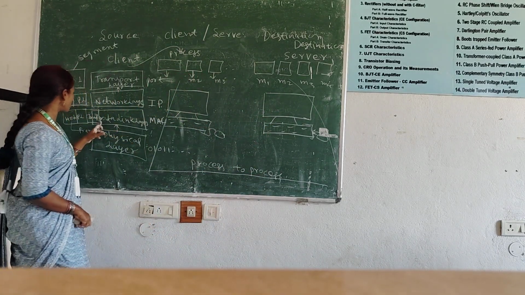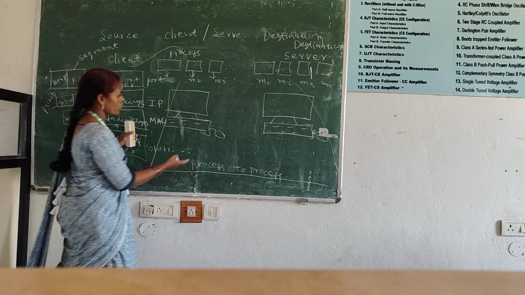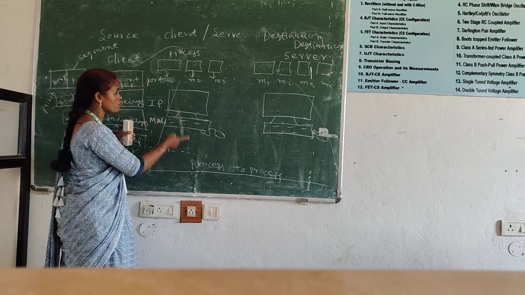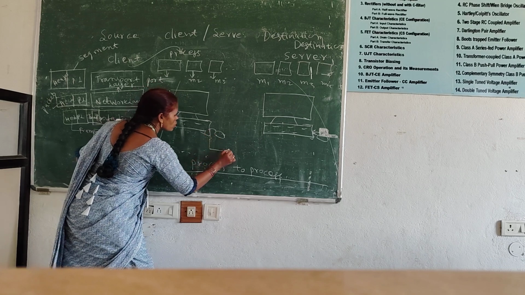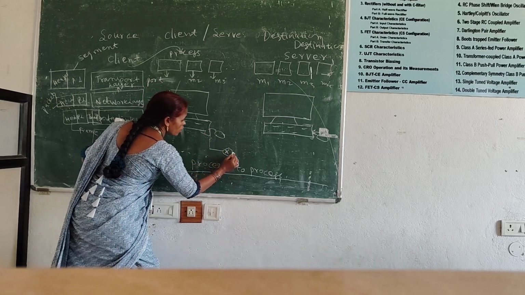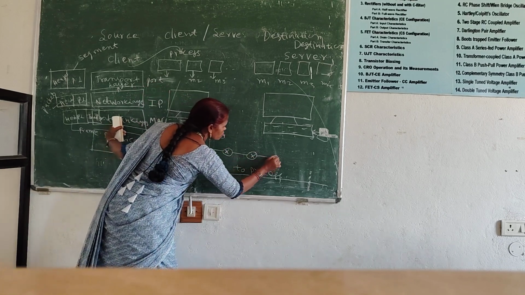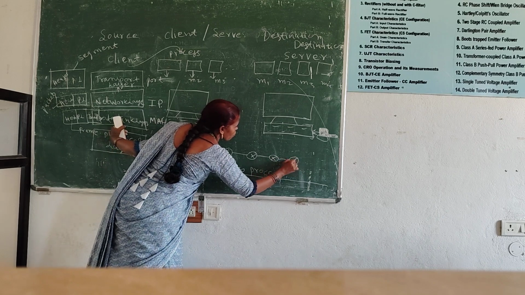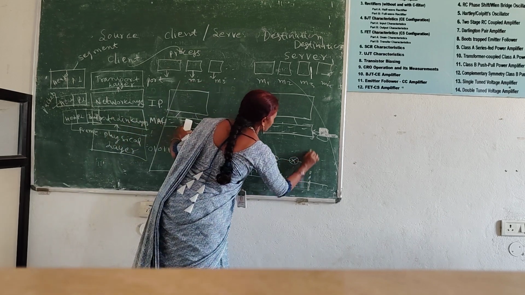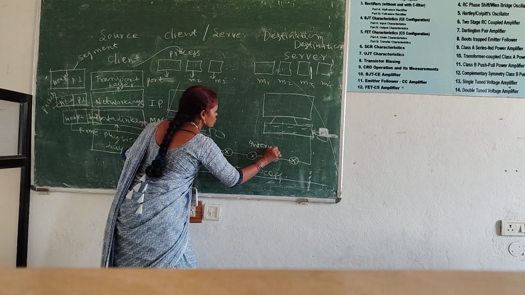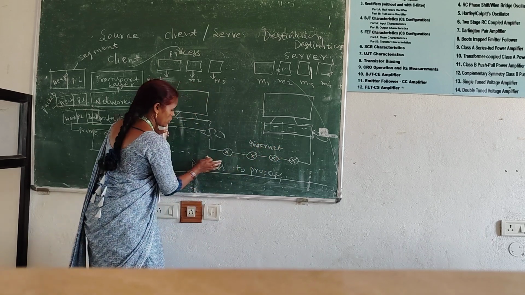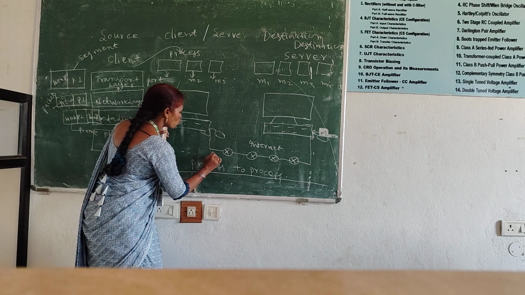If you are talking about the data link layer, data will be transferred from source to the destination. This connection is called node to node connection.